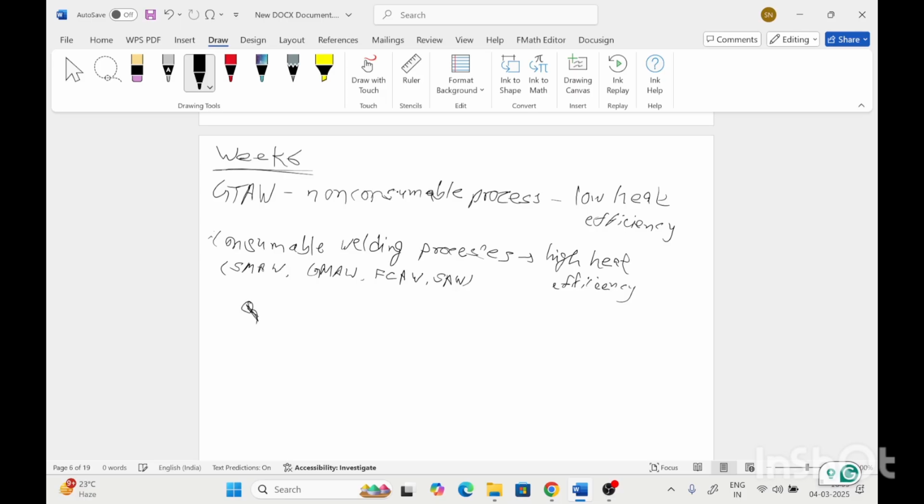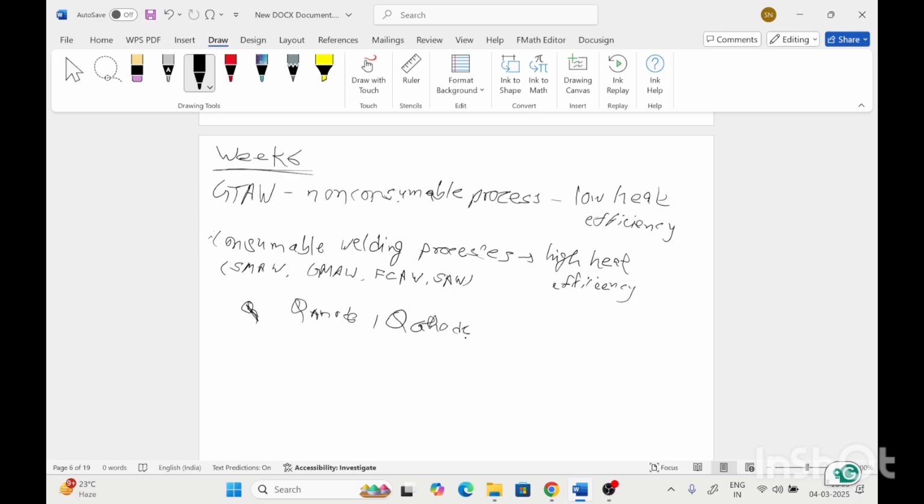In non-consumable welding, the electrode is negative. There are two heats, heated anode and heated cathode.